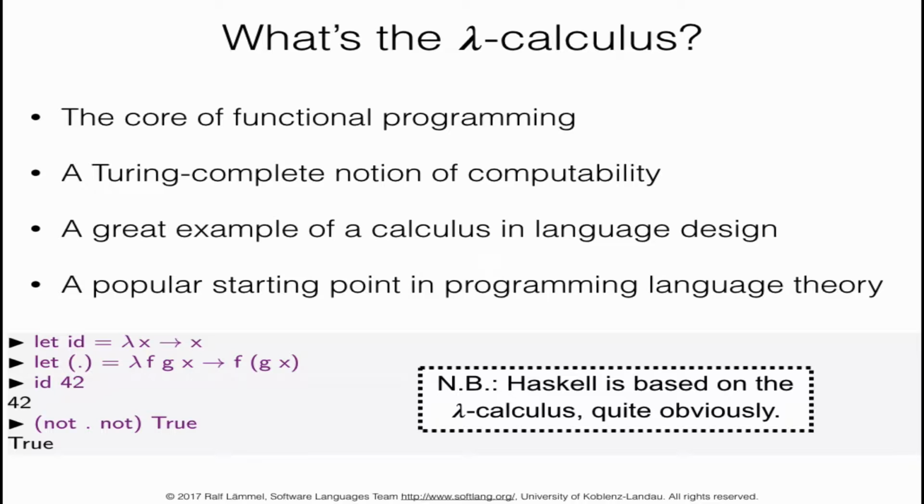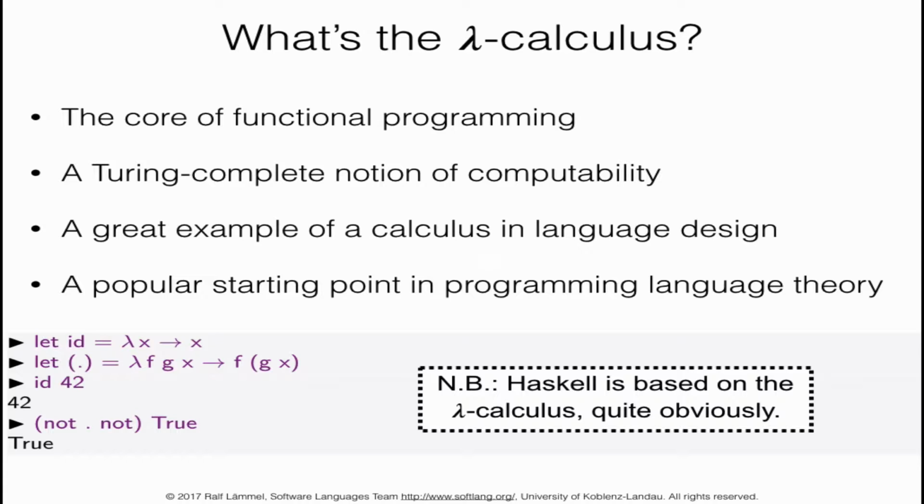It's actually a nice example of a calculus, a really fundamental, tiny core language that may be used in other language designs. Indeed, it's a very popular calculus in programming language theory. When people explore new constructs or the type system thereof, they often start from a lambda calculus.